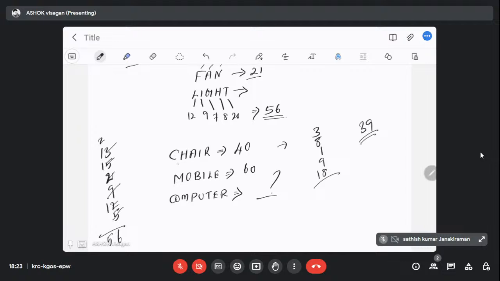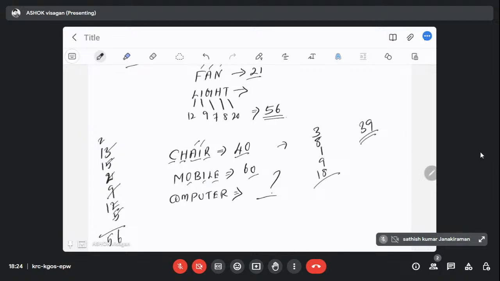In chair, how many letters are vowels and how many are consonants? C is a consonant, H is a consonant, A is a vowel, I is a vowel, R is a consonant. I'm having two vowels in the word chair and the answer is 40. In the word mobile, I'm having three vowels and the answer is 60.